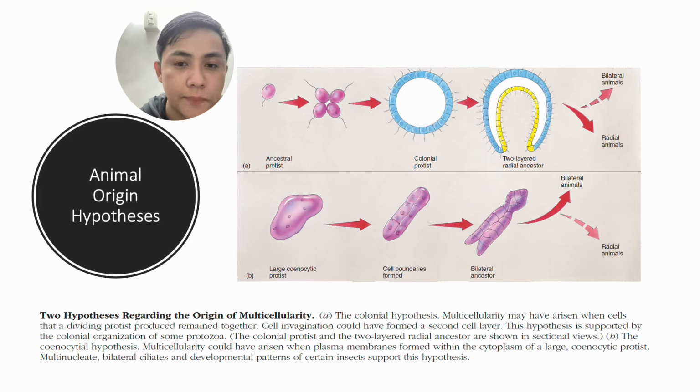The second one is the syncytial hypothesis, where multicellularity could have arisen when plasma membranes formed within the cytoplasm of a large multinucleate protist. Multinucleate ciliates and developmental patterns of certain insects support this hypothesis.